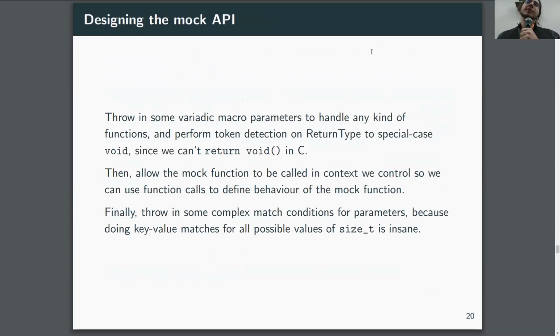And we do some token detection on the first parameter to actually detect if we're going to have void. Since we can't return void, we have to make some kind of weird generation switch between the two. And the second thing that Mockito was doing is that in the function that I showed first, if you called a function inside that context, it would actually define a binding for that function.